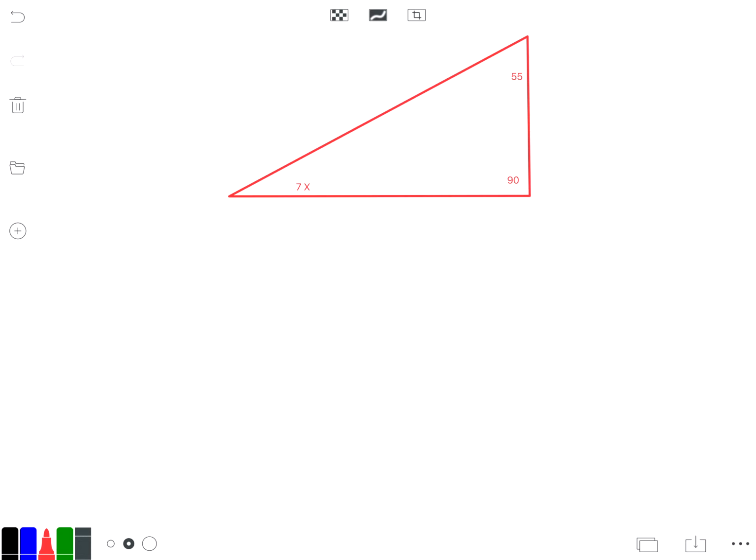We have three numbers, however, we have the 7x right here, which, it's not 7 plus x, it's 7 times x. So 7 times some number is going to give you the angle of this corner. We already have these two angles. So you have 55 plus 90. And remember, the first thing I would do is put down, we want to equal 180, all three angles.